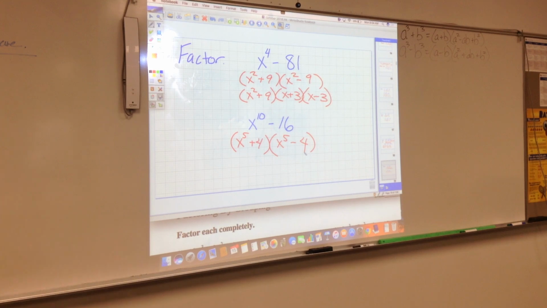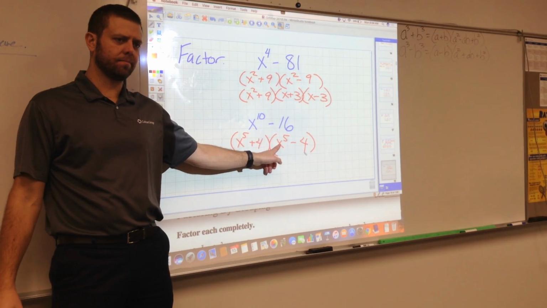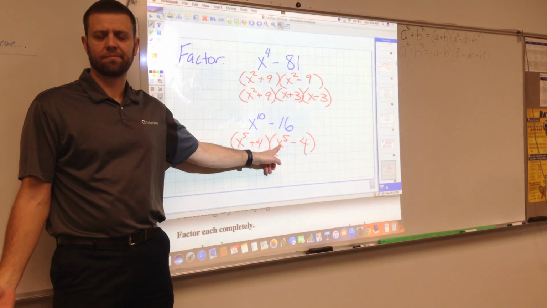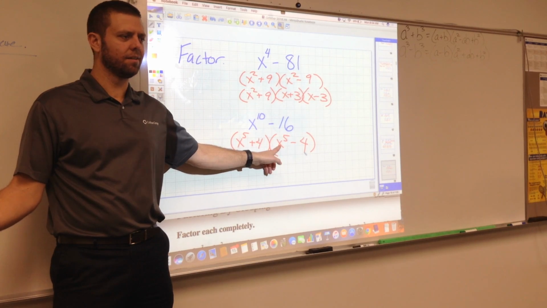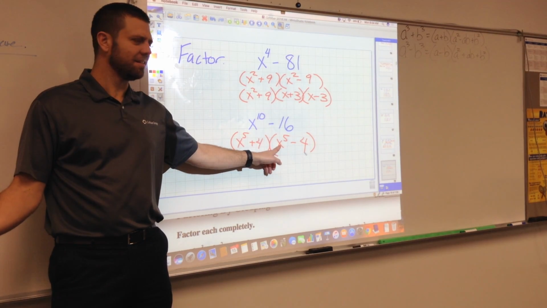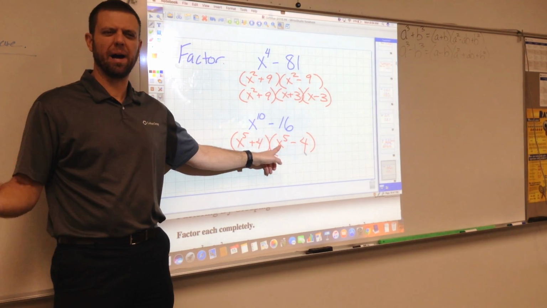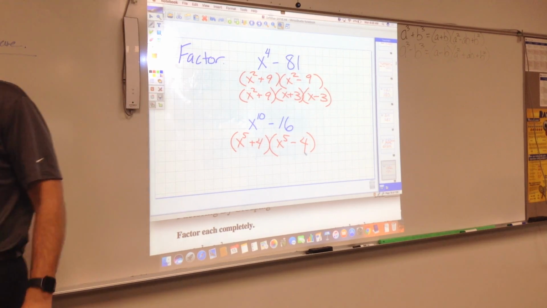No. Is x to the 5th a perfect square? No, because what times itself makes x to the 5th? Not 5th. x to the 2.5, if you're a real smart aleck, you would have said that. Well, we're not going to mess with fractional powers. So you'd be done.